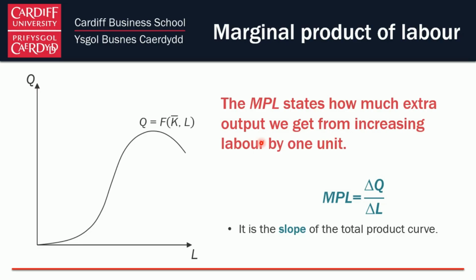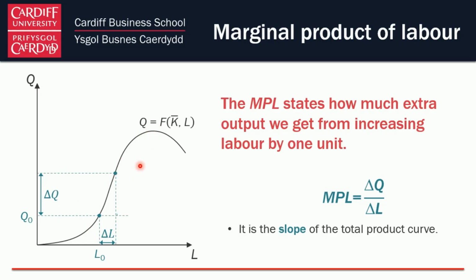Let's say we have L0 units of labor and they produce Q0 units of output. So we are here. And I increase my labor by delta L units. So this is the change in the labor. And because of that, the output goes up by delta Q units. So I go from here to there. What I'm looking at really is the slope of the production function within this interval.